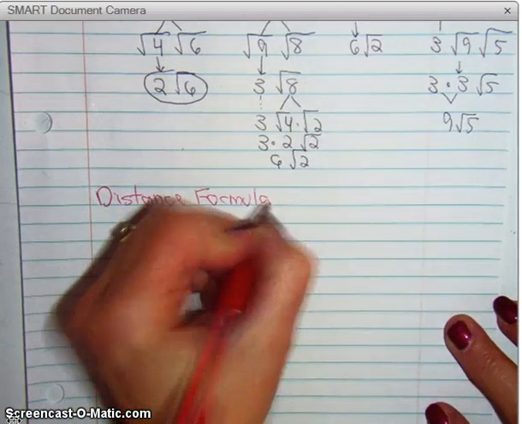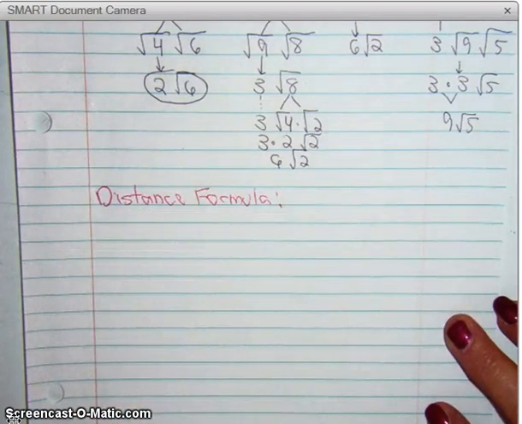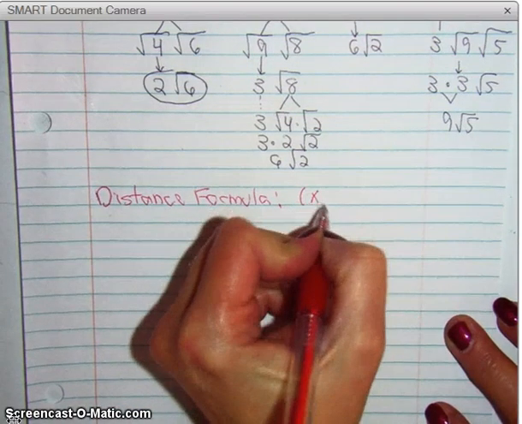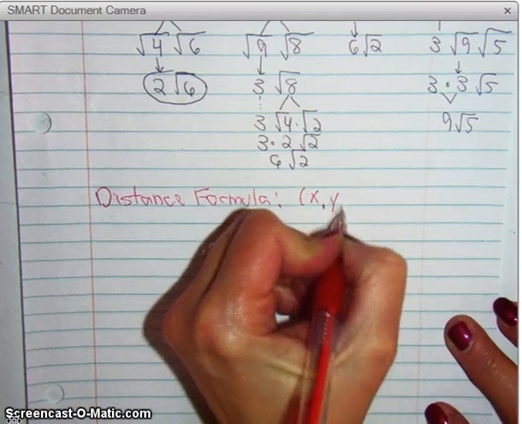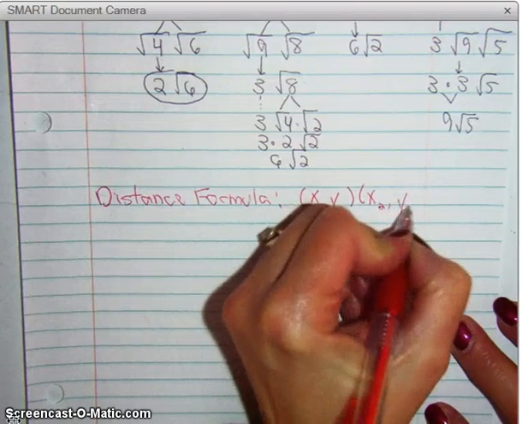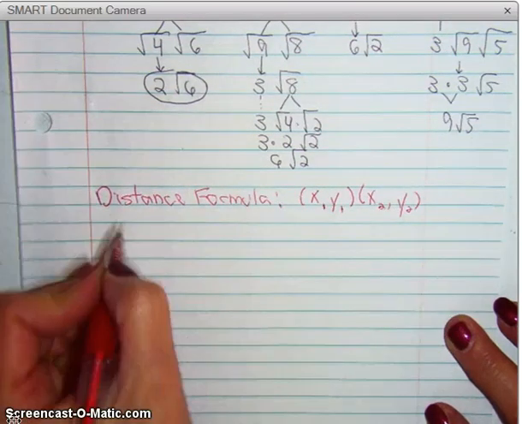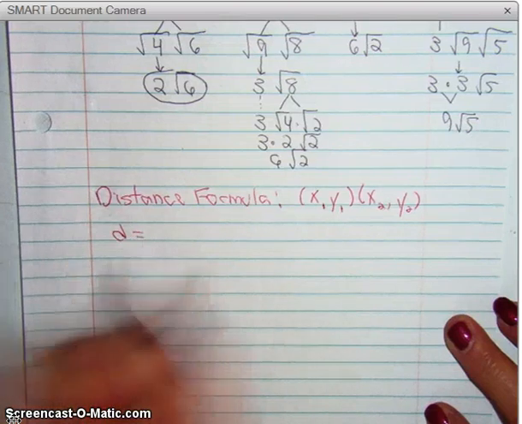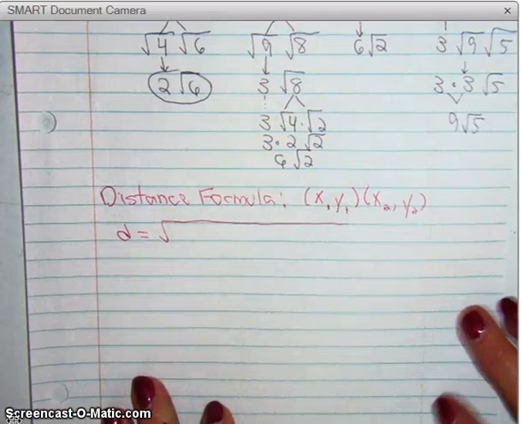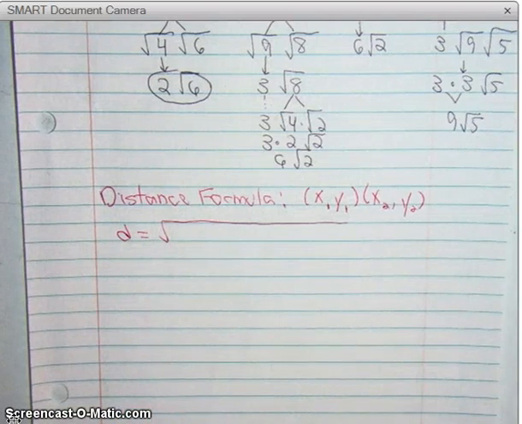I believe you have done the distance formula in geometry, algebra 2, for sure. Distance between 2 points, x1, y1, and x2, y2, is denoted by d for distance. Big square root. All right, anybody remember what it is?